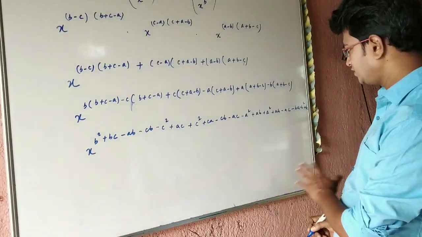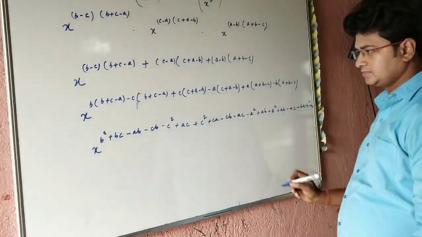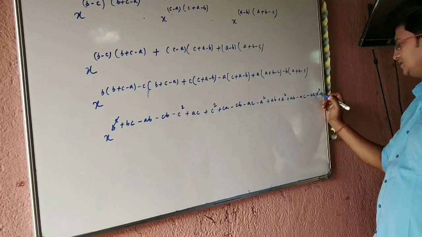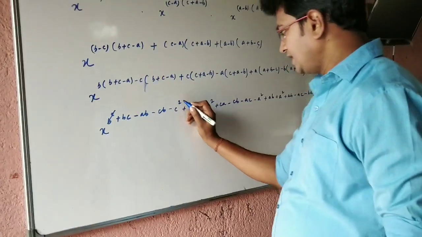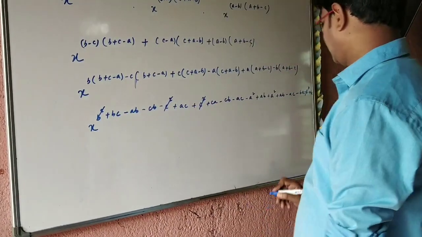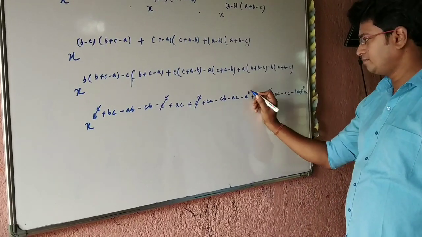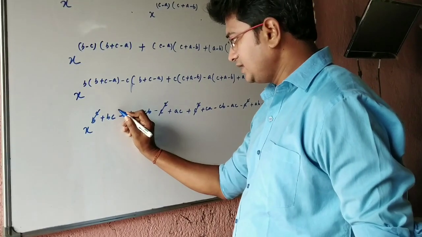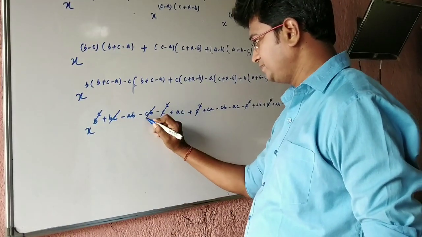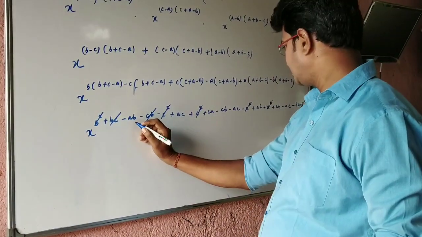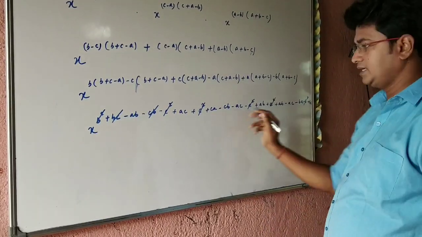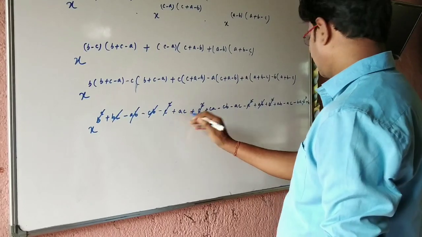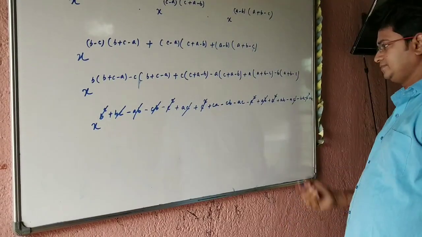So let us see which terms are getting reduced. From here it is b square, and at the end you can see minus b square. It is minus c square plus c square, a square minus a square. Now bc minus bc, here minus ab plus ab, here ac minus ac.